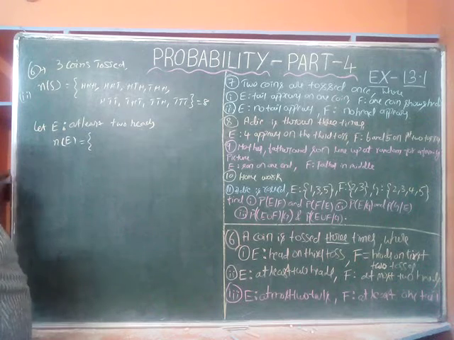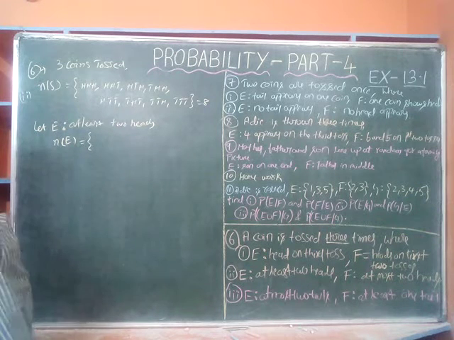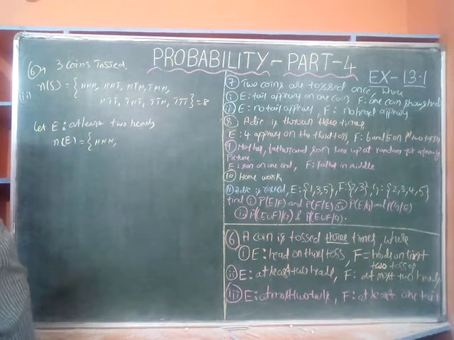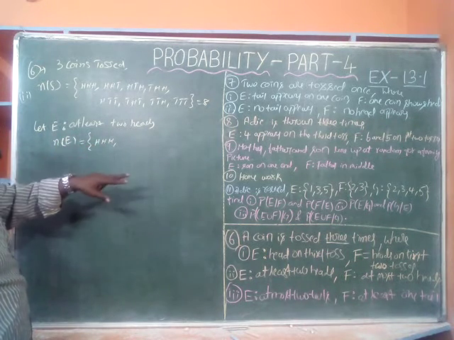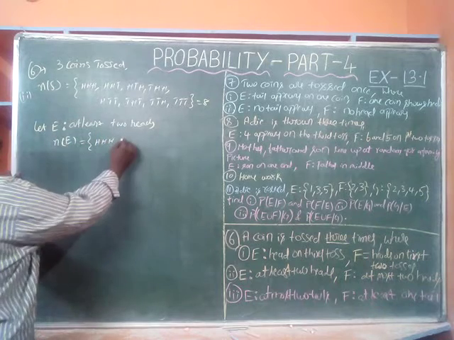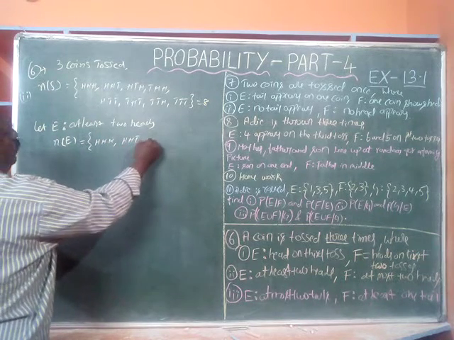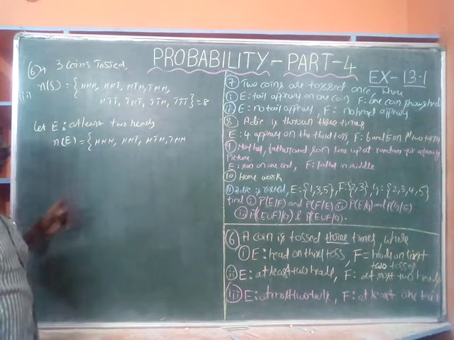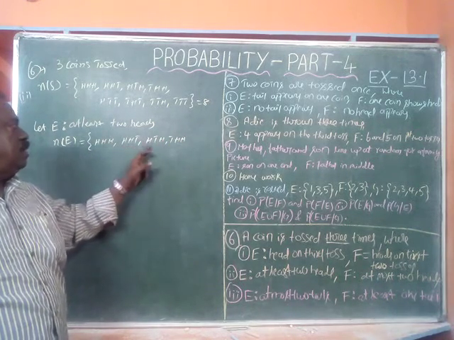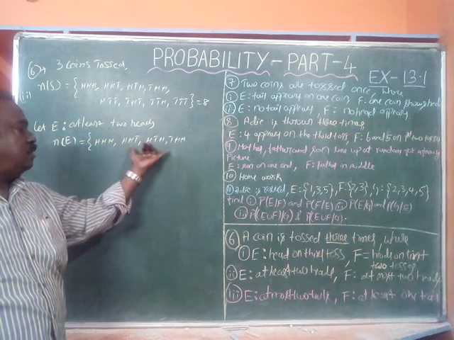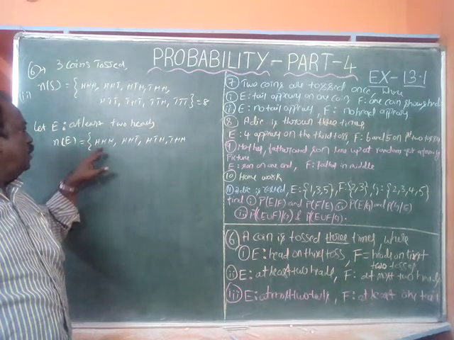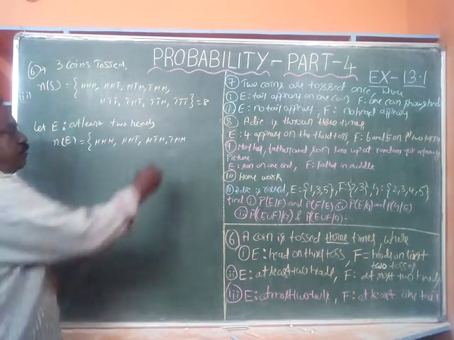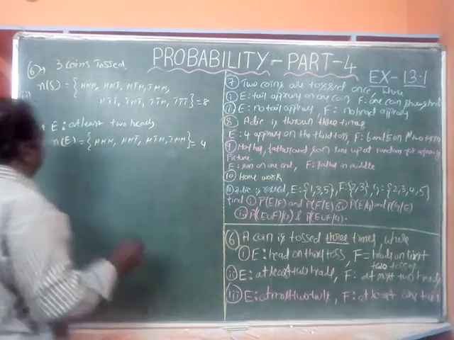At least two heads means maybe three heads also: three heads or two heads, not one head or no head. The two heads case has three types: head, head, tail; head, tail, head; tail, head, head. Plus three heads, only one way. So it is four.